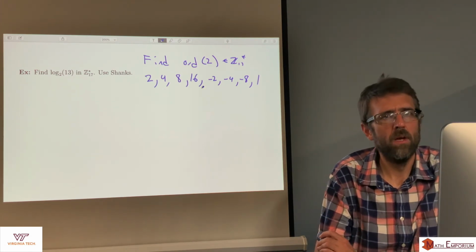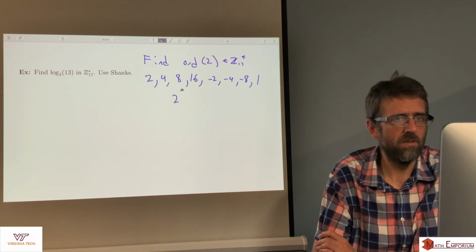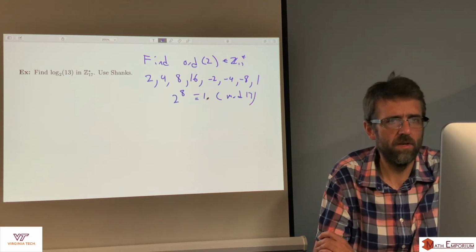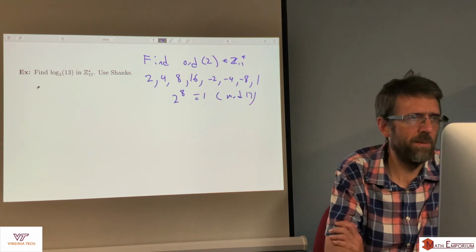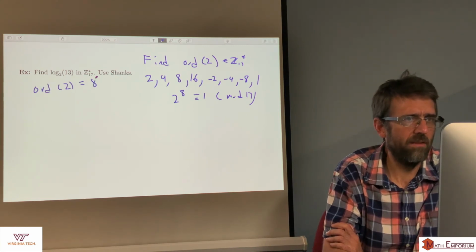All right, so 2 to the 8 is congruent to 1. That's the first positive power that gets me to 1. Okay, so the order of 2 is equal to 8.